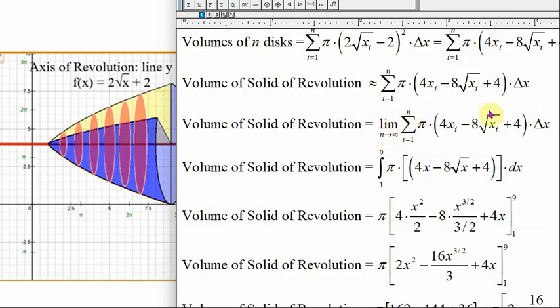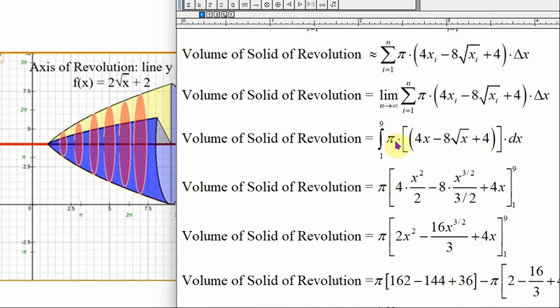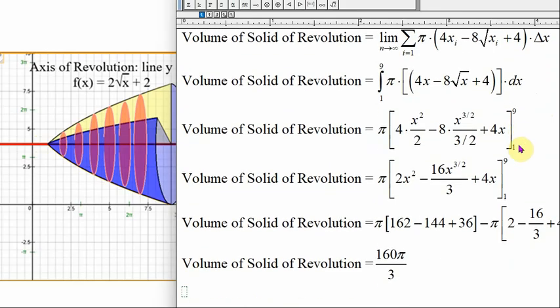And if this limit exists, then we define it as the definite integral from 1 to 9 of pi times 4x minus 8 times the square root of x plus 4, dx. The integral of x is just x squared over 2.